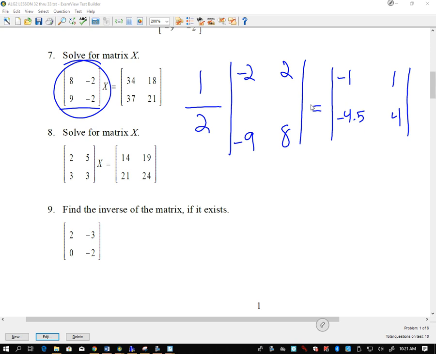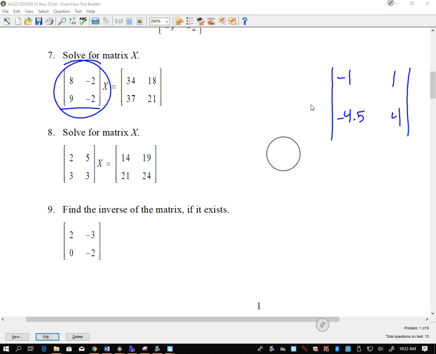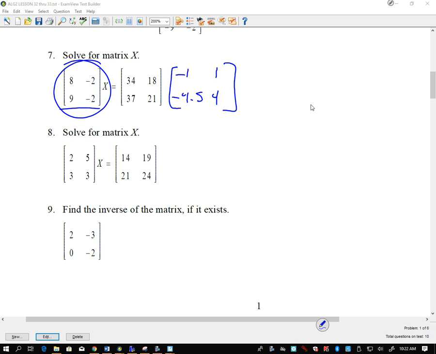Okay. So now what I want to do, we have all this and we understand all of that. Yep. Okay. So I'm going to make some space for myself. We want to multiply this matrix by this matrix. It's a 2 by 2, so I should be getting a 2 by 2. Okay.